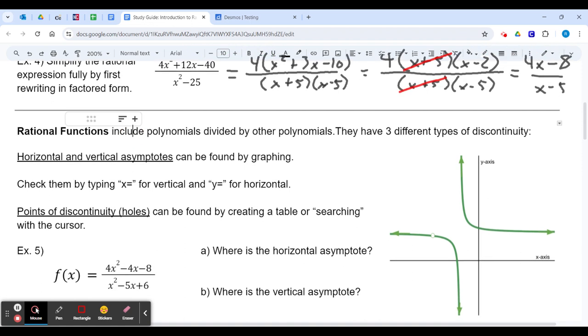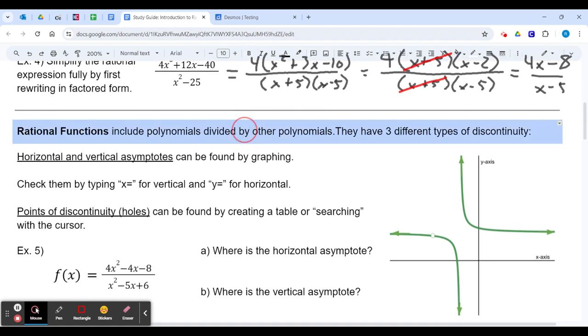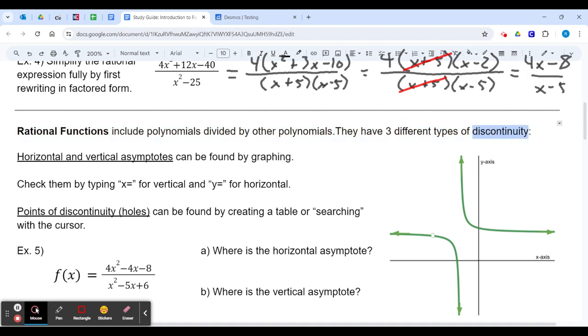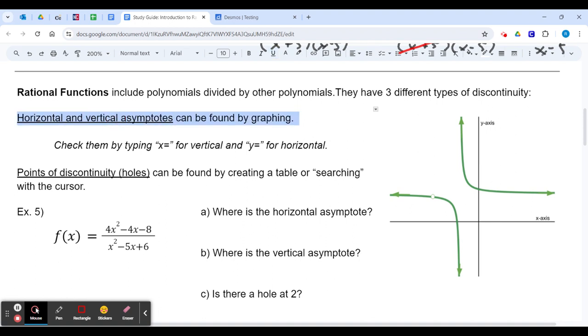One thing that is special about these rational functions is they have discontinuity because division is involved. The first type of discontinuity are horizontal and vertical asymptotes. I'd recommend jotting these in your sketch here. This is a horizontal asymptote here in red. This orange one is a vertical asymptote here.